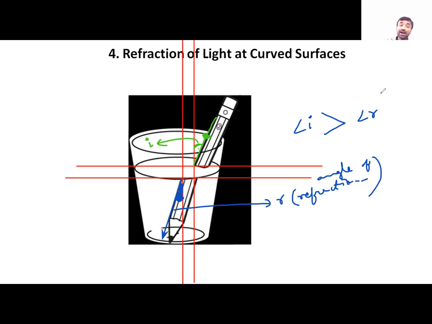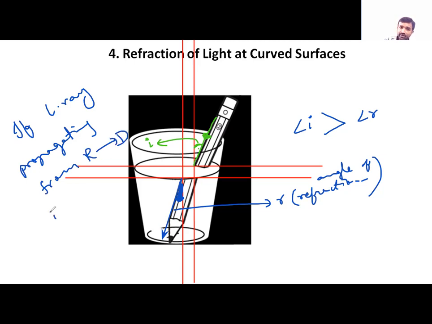This practical experience I am using to generalize: if a light ray propagates from rarer to denser medium, in what direction does it bend? Towards the normal. What is its converse?